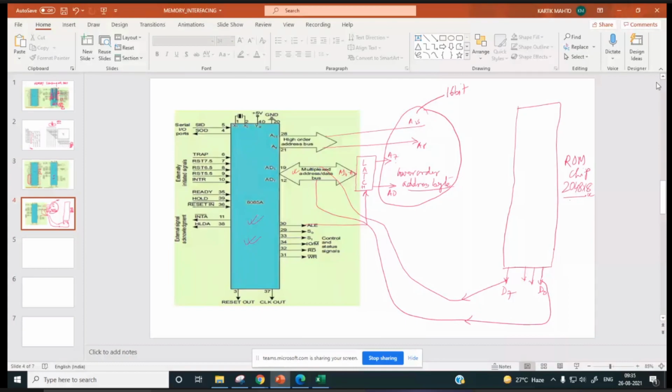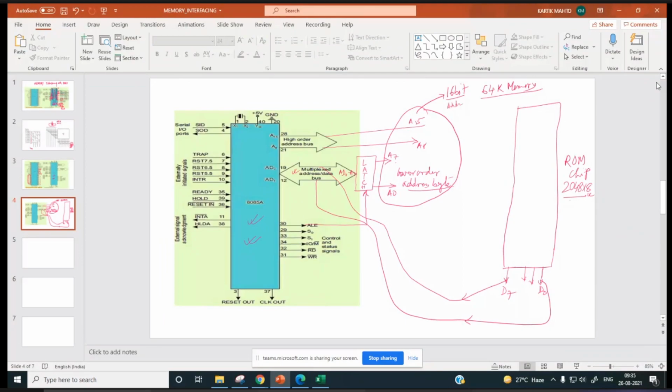Yes, sir. Now it can address 64K memory. So A0 to A15, 16 address pins are there.